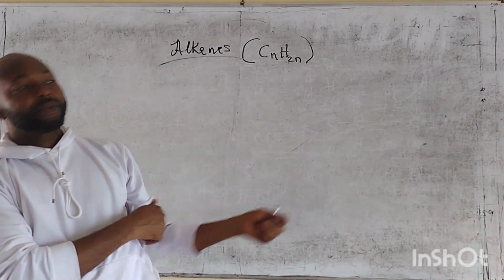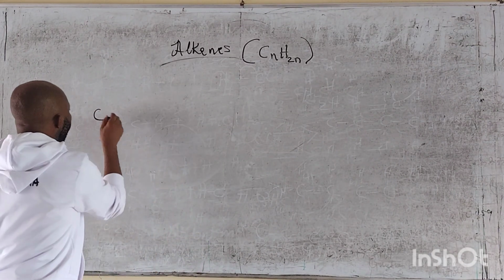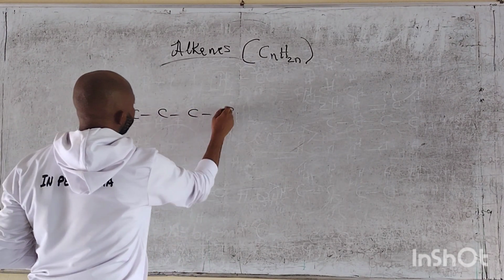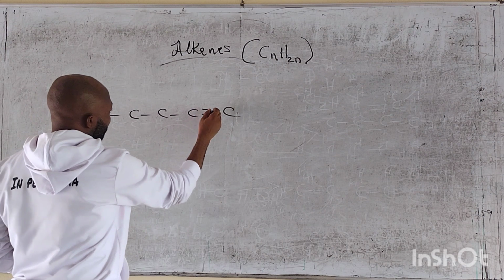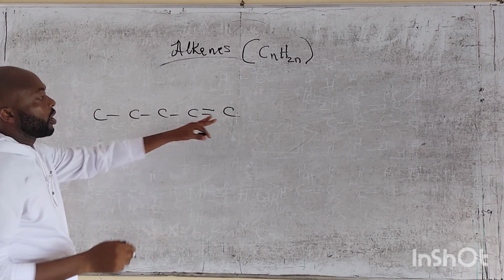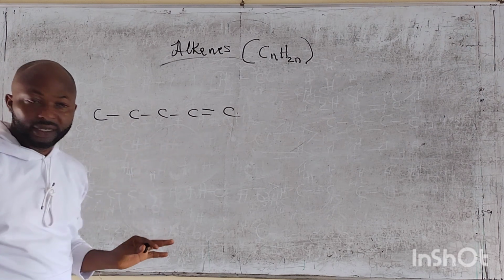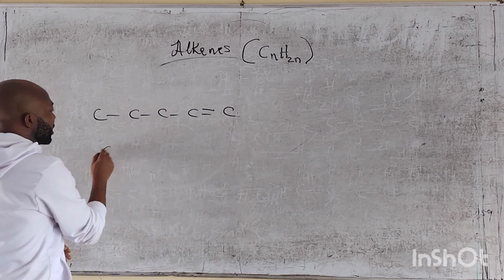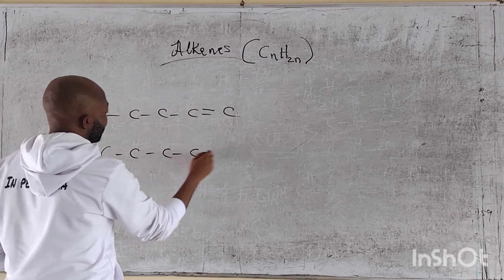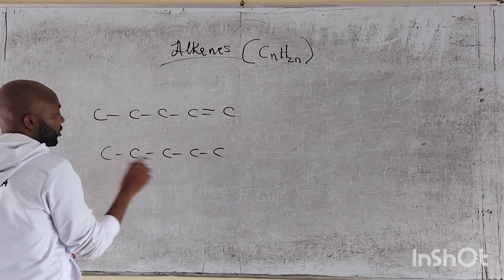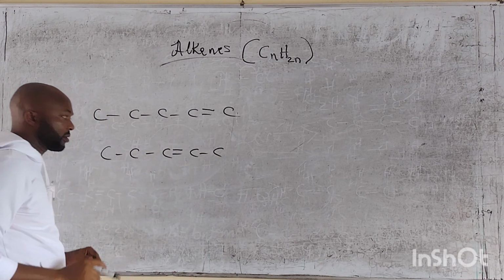For example, if I have 1, 2, 3, 4, 5, I have my double bond here. This is 1-pentene. 1, 2, 3, 4, 5. Now, another isomer of this can be 1, 2, 3, 4, 5. This is 2-pentene.